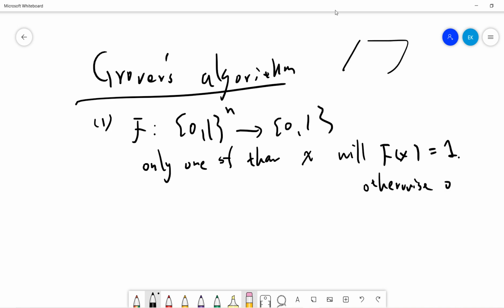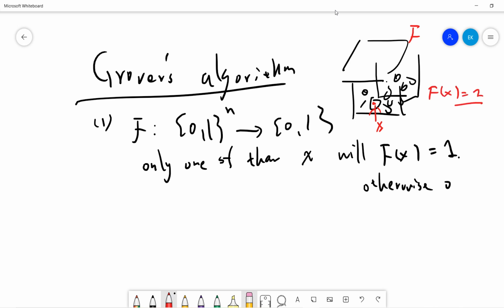So the problem is like, suppose you have a box, and in the box there are many balls, but only one ball is marked, and this is x. You have a classifier f that, if f sees this x, will produce 1, saying that you found the correct position, the correct object.